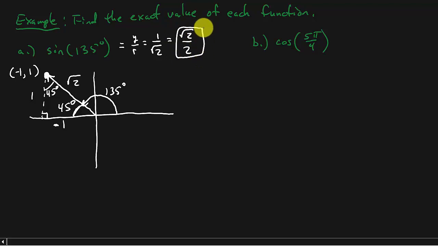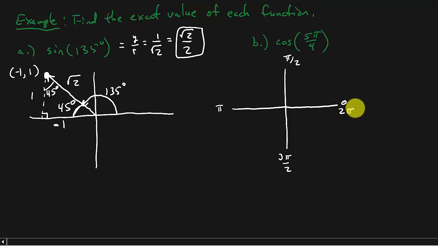Okay. All right, so what about 5 pi over 4? Let's look at that. Well, we know this would be 0. This would be pi over 2. This would be pi. This would be 3 pi over 2. And this would be back to 2 pi. Because remember, 0, 90 degrees, 180 degrees, 270, and then back to 360.